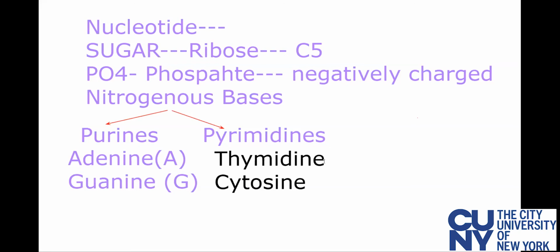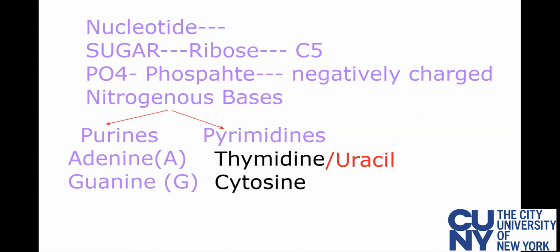Instead of thymidine, RNA has uracil. Right? So the nitrogenous bases adenine and guanine form purines. Cytosine and thymidine in DNA form pyrimidines. Cytosine and uracil in RNA form pyrimidines.